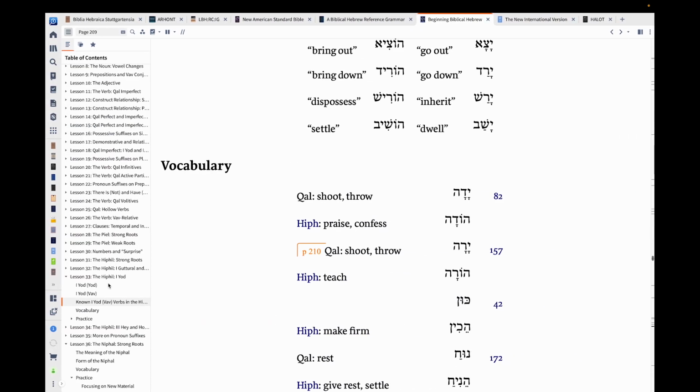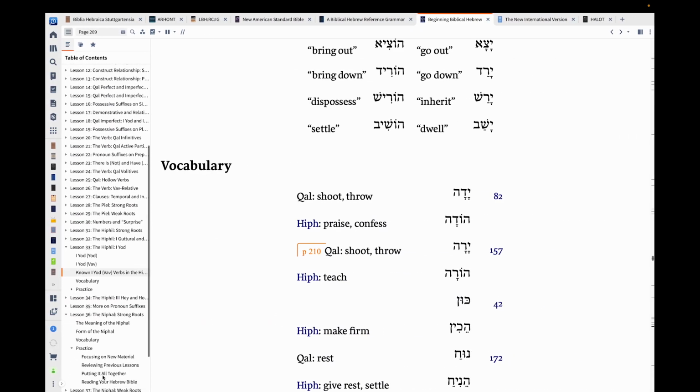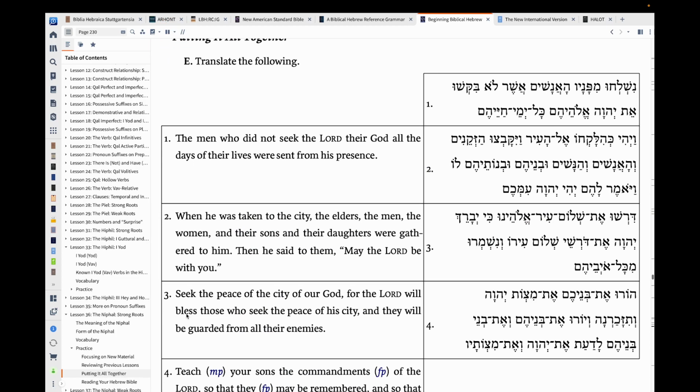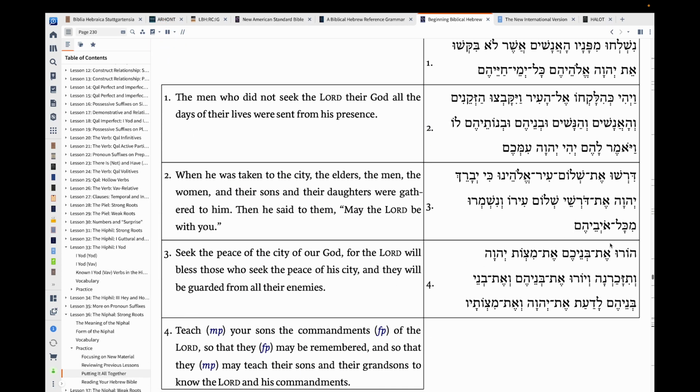Let's see how Futato translates this. Teach your sons. So teach your sons the commandments of the Lord. Okay, and he's going to interpret this vav conjunction as purpose or result, so that they will be remembered. Teach them in such a way that the commandments will be remembered, and so that they.